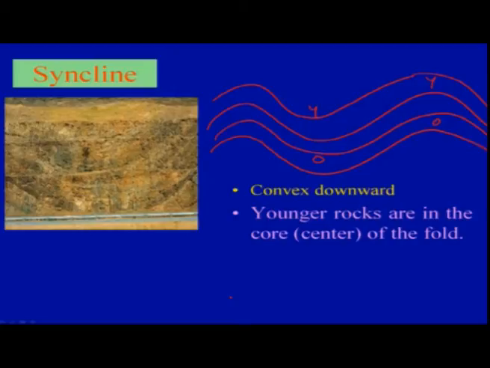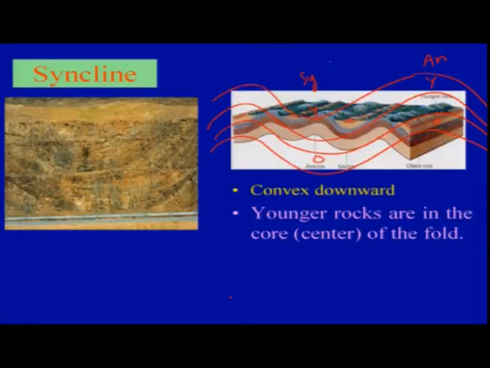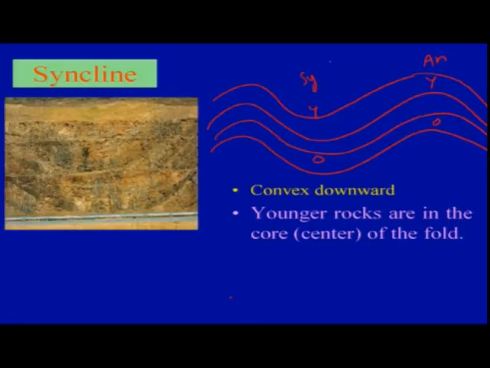So, you have that sequence. This is convex downward, this is convex upward. So, this is your anticline and this is your syncline. You have these two important points you should note down. Again this is important, that here the dips are towards each other, they are dipping towards each other.